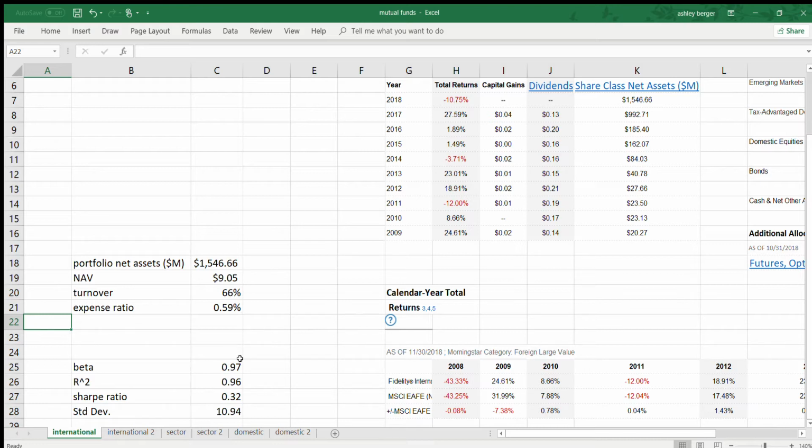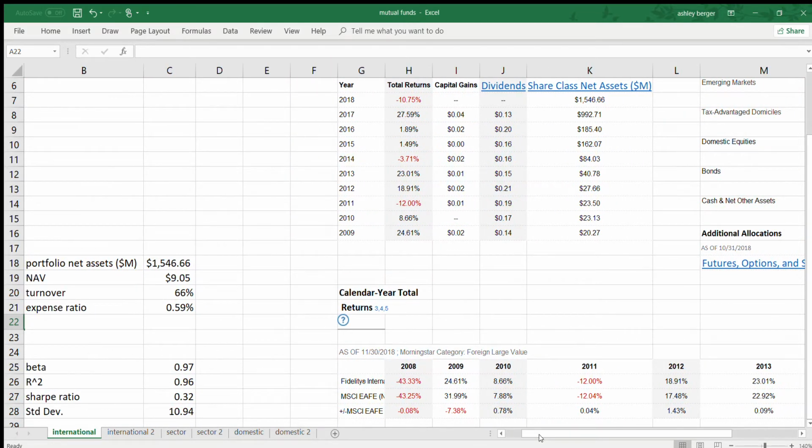The beta for this fund is 0.97. The R squared is 0.96. The Sharpe ratio is 0.32. And the standard deviation is 10.94.